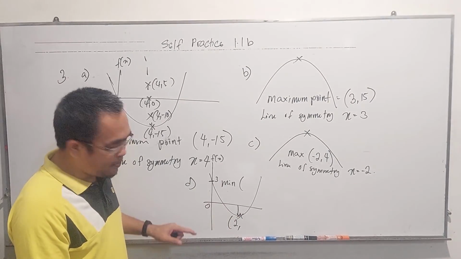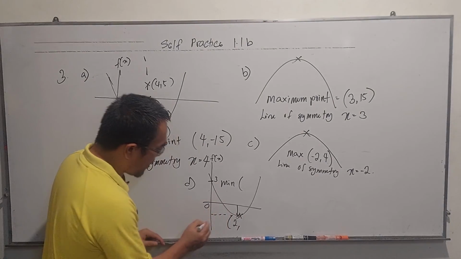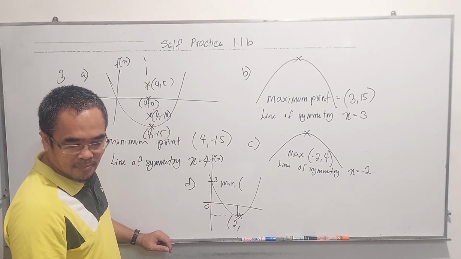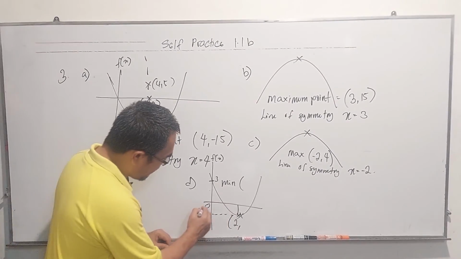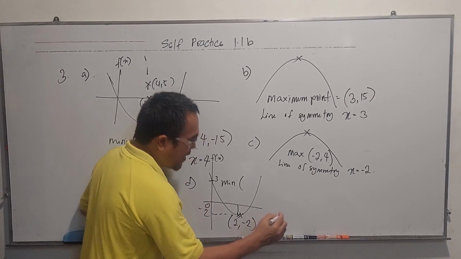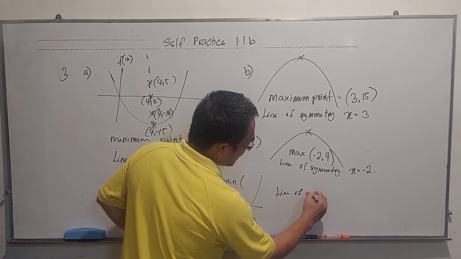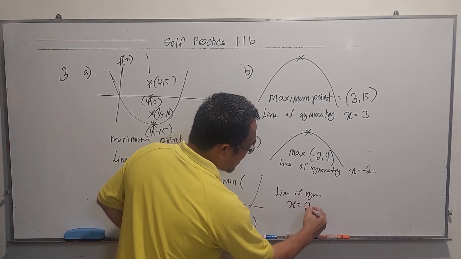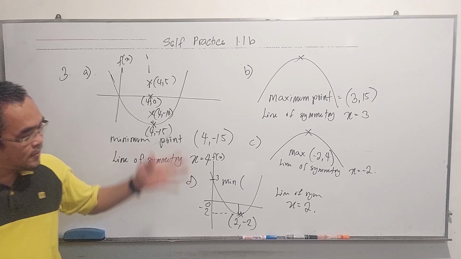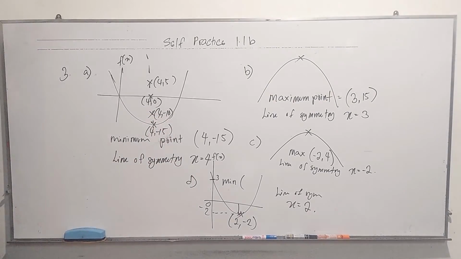So what should be the value of y or f(x)? Negative 2. And the line of symmetry is x equals 2. Okay, right? Take note of whatever is necessary.